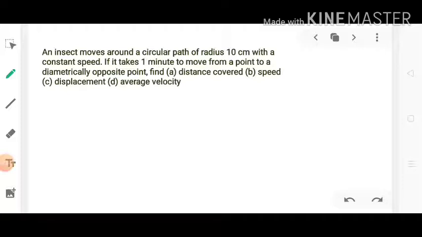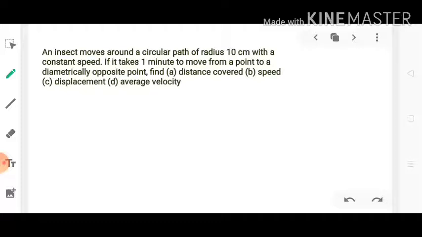Question number 3. An insect moves around a circular path of radius 10 cm with a constant speed. If it takes 1 minute to move from a point to a diametrically opposite point, find distance covered, speed, displacement, average velocity.